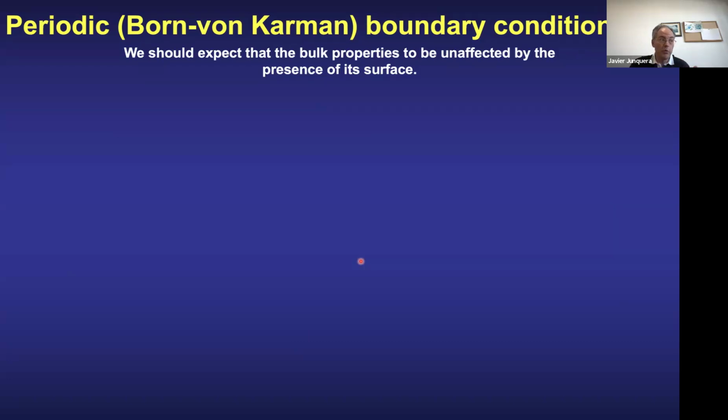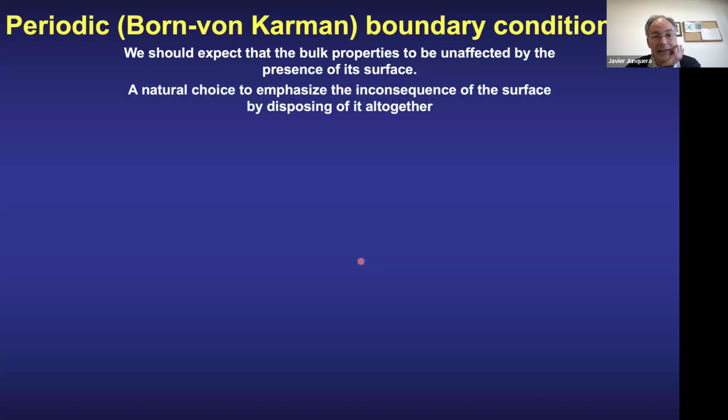So as soon as we move a few layers inside the material, then I can think that the system is forgetting about the existence of a surface. So a natural choice to emphasize the inconsequence of the surface is just disposing of it altogether, getting rid of the surface.